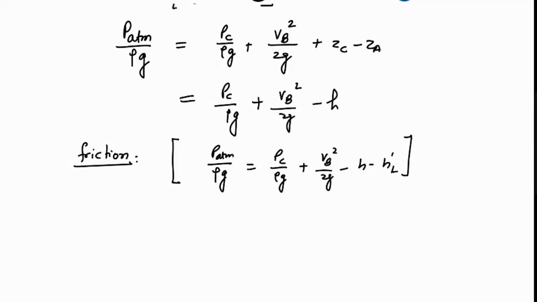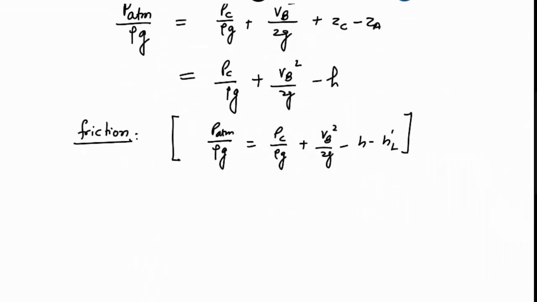So HL dash is the effect due to the friction. I am writing HL dash because in the previous case the pipe length was different, and in this case the pipe length is different. You are applying it between point A and C, so friction will be less, and that's why we wrote HL dash. This is a different friction loss, not the same as the previous case.